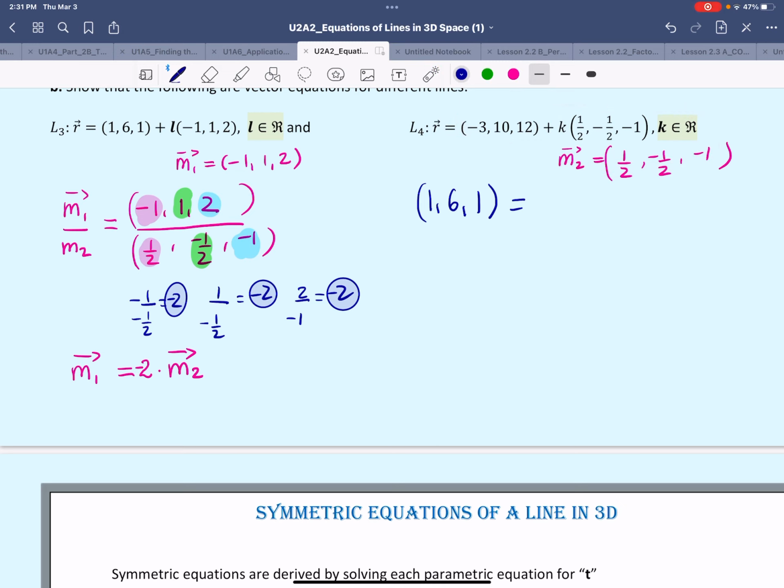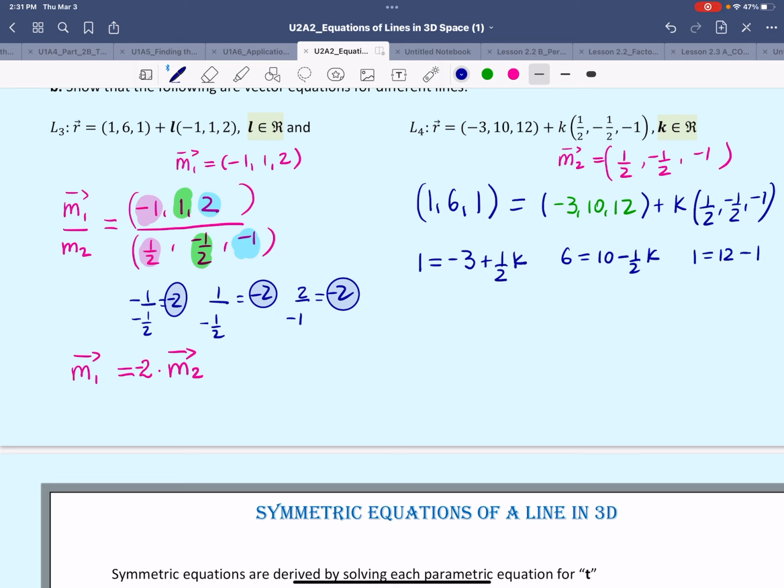So we have (-3, 10, 12) plus k(1/2, -1/2, -1). So in this case, we must have 1 equals -3 plus half k, 6 equals 10 minus half k, and 1 equals 12 minus k.